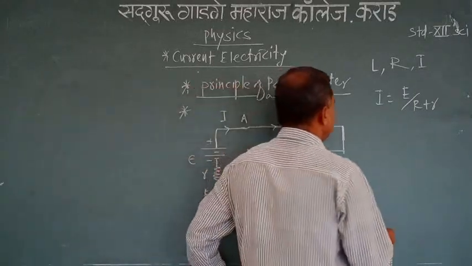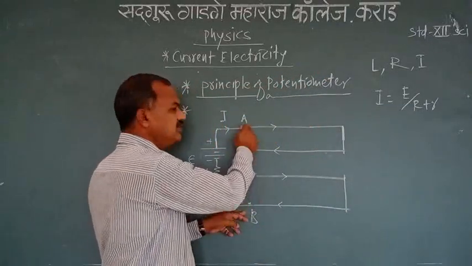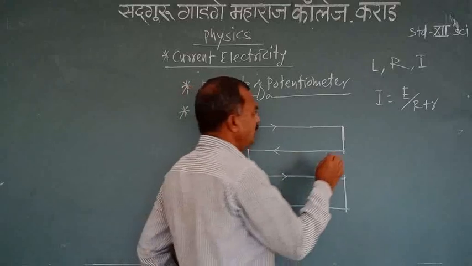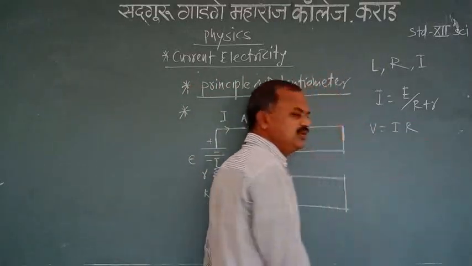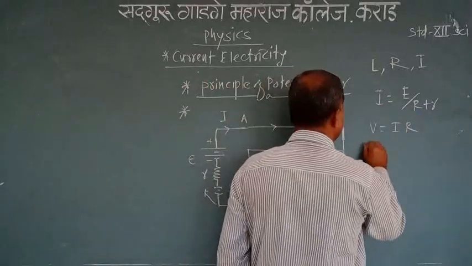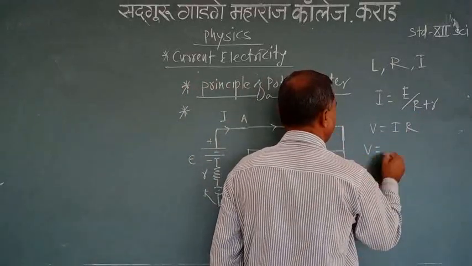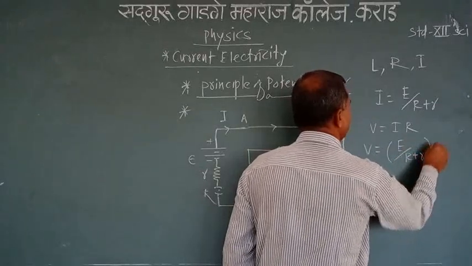The potential difference across wire AB according to Ohm's law is V equals IR. Then substituting the value of I, V equals E divided by R plus r, into capital R.